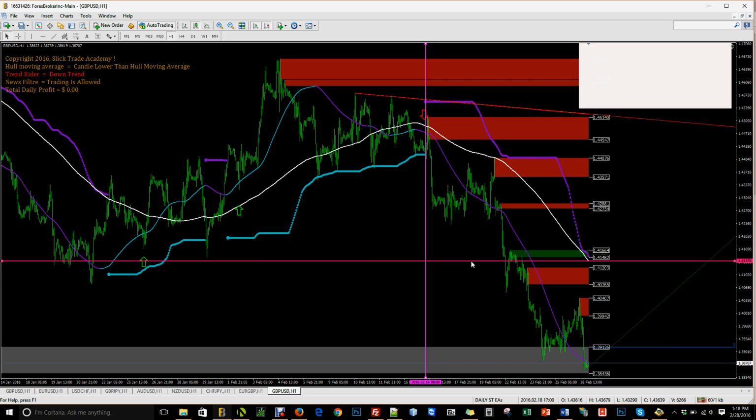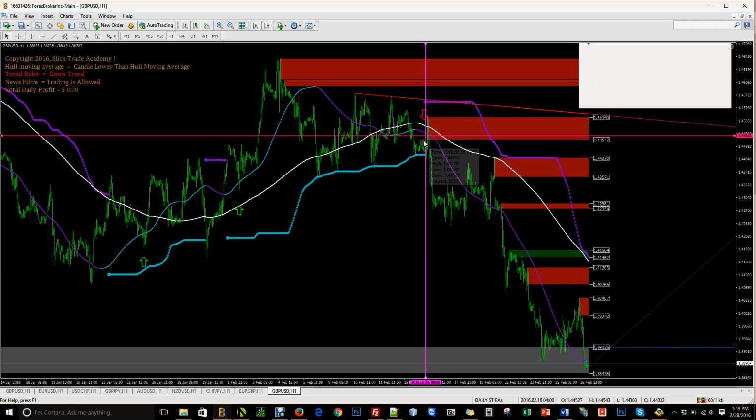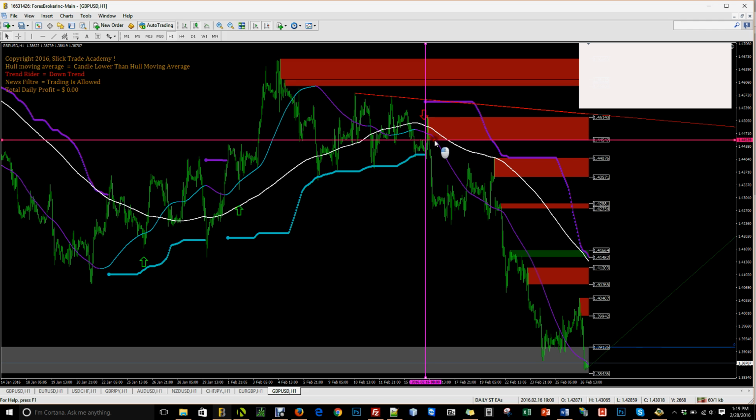I set my stop losses at previous support and resistance levels. Previous support levels for a long or buy position, and previous resistance levels for a sell or short position. So let's just say in this sell, I waited for price to retrace just a little. I would have waited to right about there.